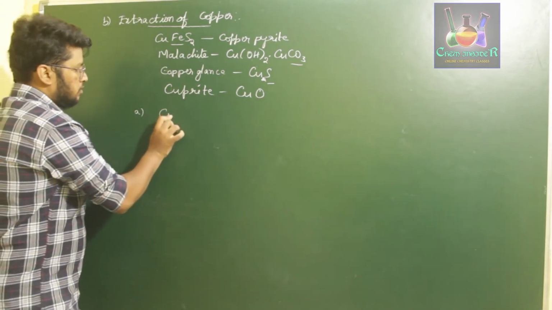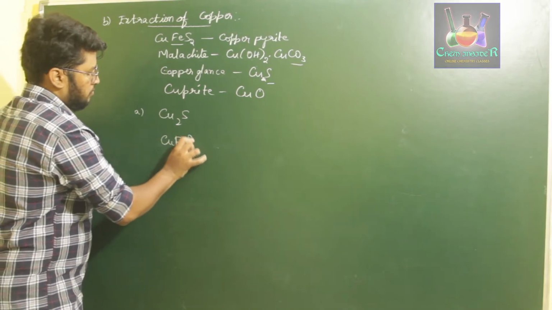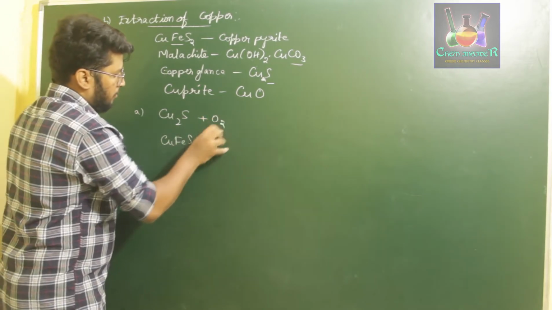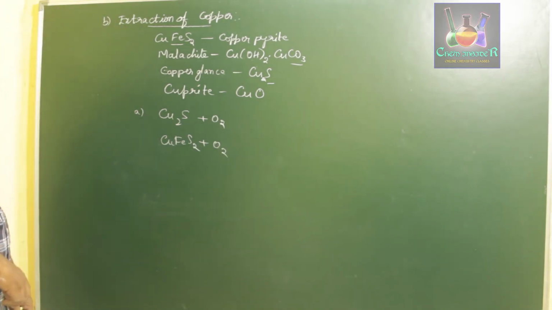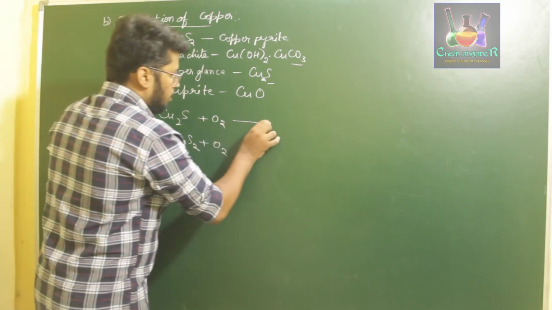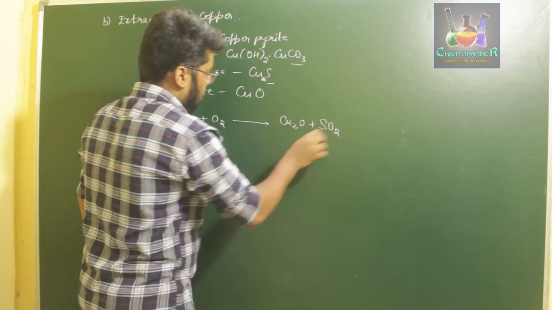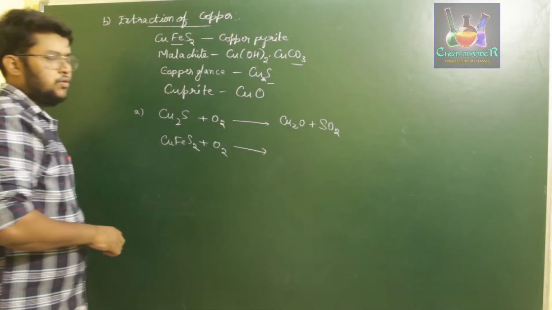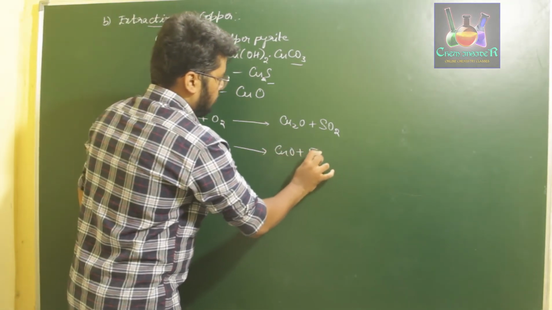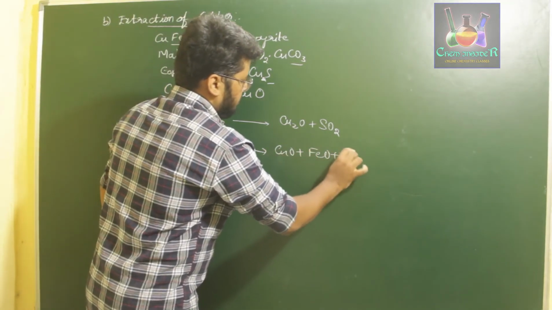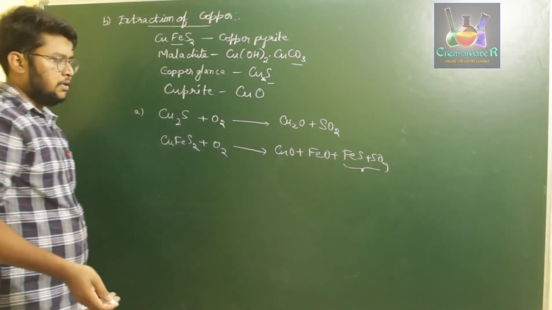When we burn Cu2S and CuFeS2 with a blast of hot air, we get cuprous oxide Cu2O along with SO2. We are converting our sulfide impurities to SO2. CuFeS2 gives us CuO, FeO, FeS and SO2, so these are slightly fewer impurities.